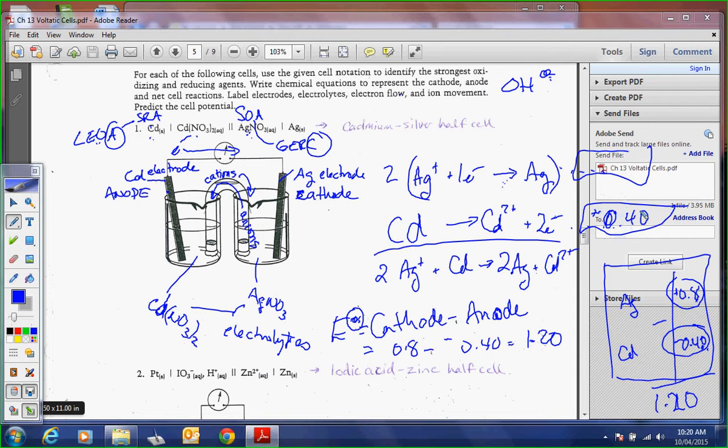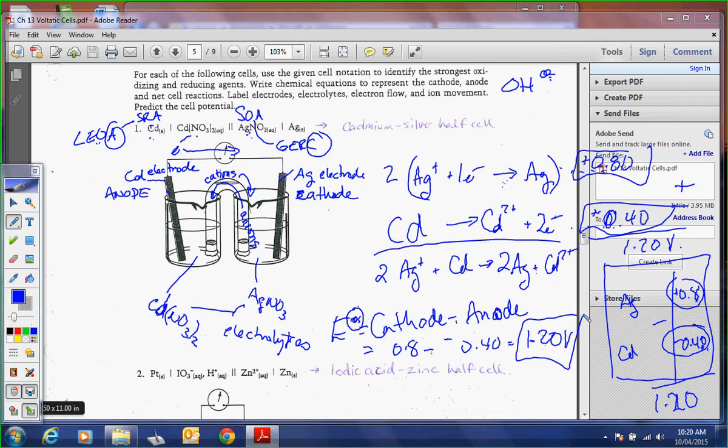This one would have been positive 0.80, and you would have added them because you're adding your half reactions, and you would have still got 1.20, just like I did. So those two ways are interchangeable? Yes. You can do it either way.